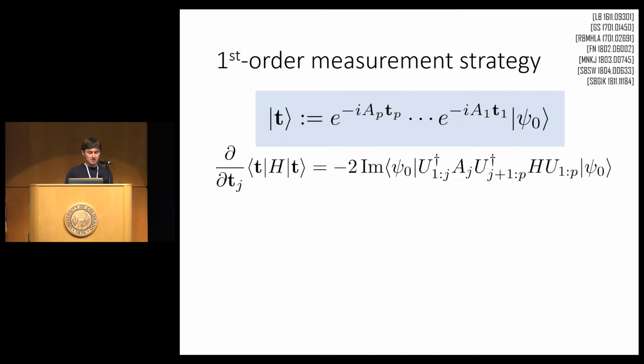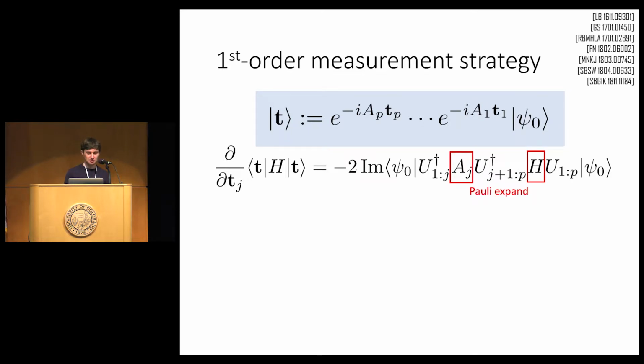We can simply take a partial derivative of this expectation value with respect to some parameter j, and we obtain an expression like on the right-hand side. Here, the notation u1 colon j just means pulses 1 through j, and this just follows from the chain rule. And then I claim that we can estimate this imaginary part in low depth.